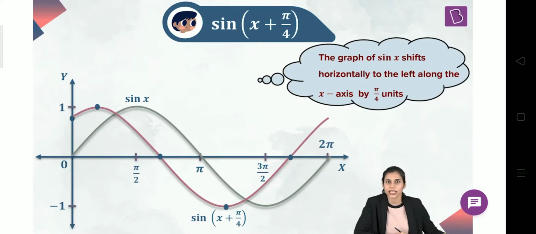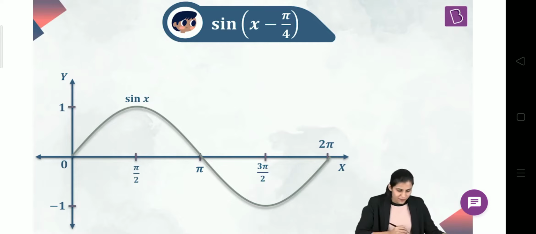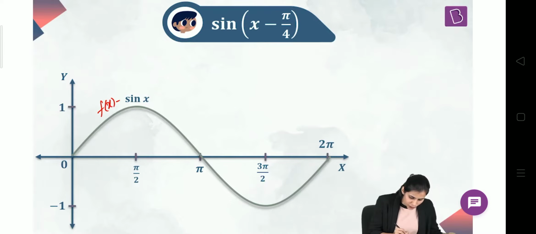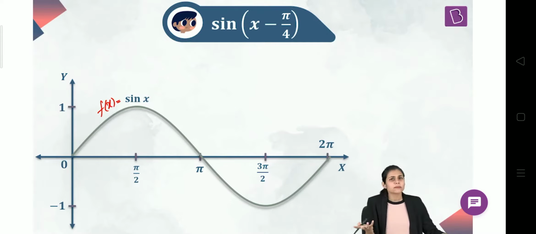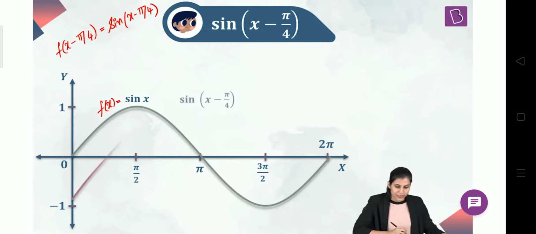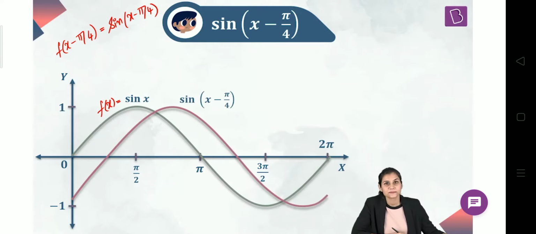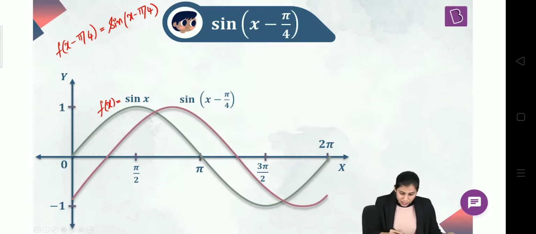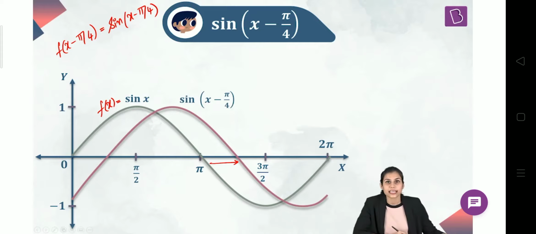That's a fantastic observation. In fact, in the same fashion, if I have the graph of f of x equal to sine x with me, and using my conventional approach, I plot the graph of f of x minus pi by 4, which is sine of x minus pi by 4, it comes out to be this, which is nothing but again a shifted version of the graph of sine x, but this time to the right along the x-axis.